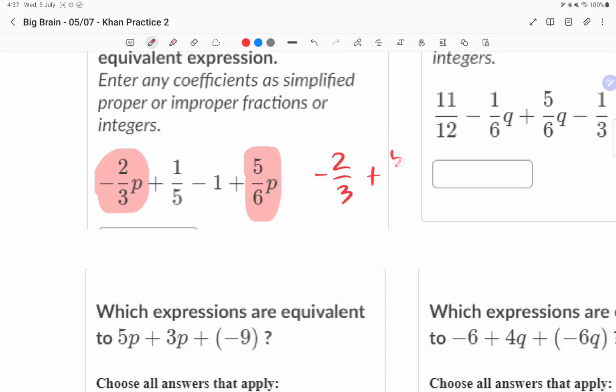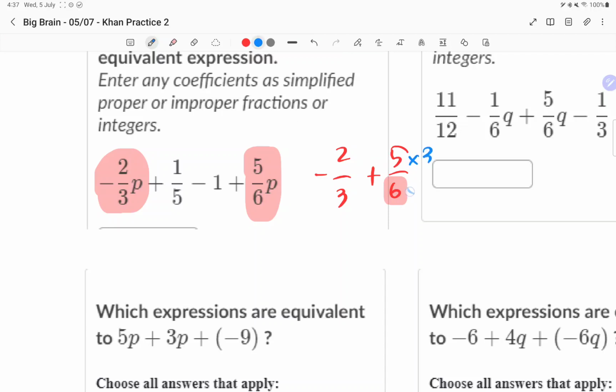So -2/3 plus 5/6, how do we make them the same denominator? You times the bottom by 3 and over by 3. By 3, so that would be over 9, and then that would be 6. No, like the other one. The other one by 3? 6 times 3 and 5 times. Yes, okay, I see what you were saying.